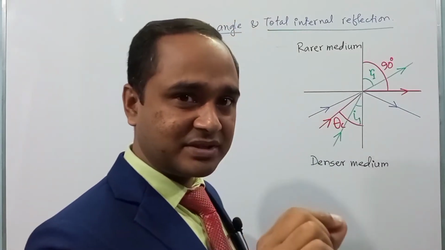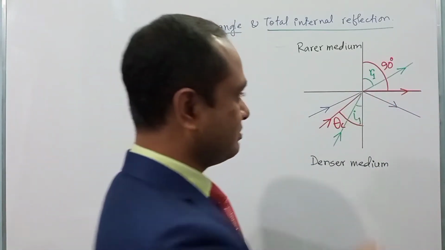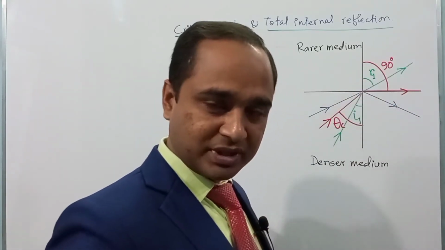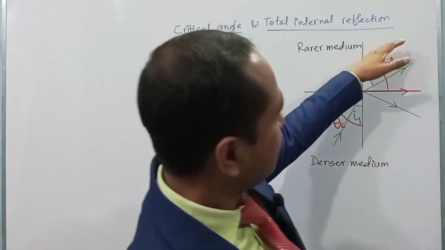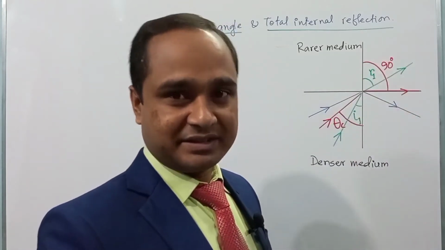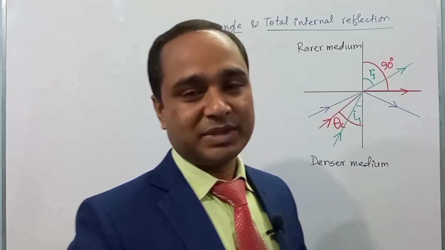That is, the refracted ray will pass along the plane of separation between the two media. So the refracted ray will neither pass in the rarer medium nor in the denser medium. It will pass along the plane of separation.